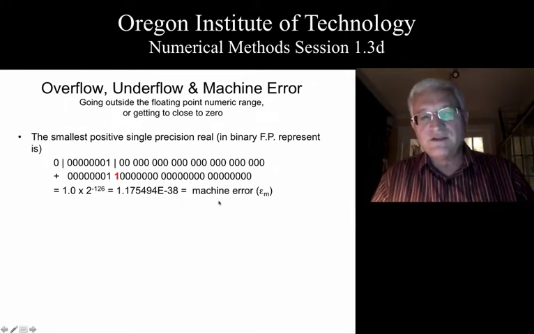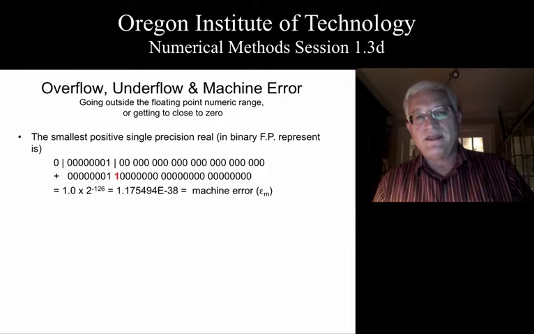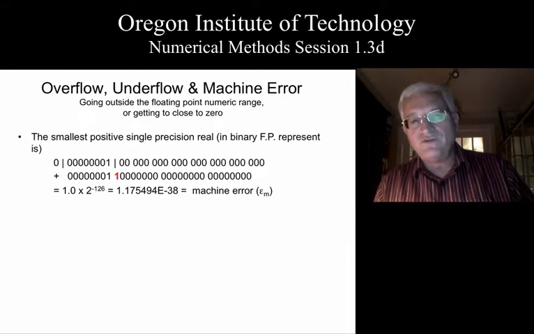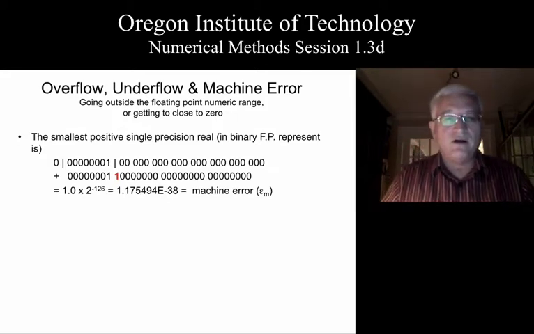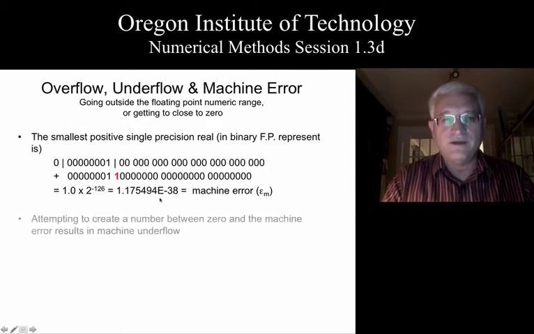That epsilon sub m, machine error, is the point at which if you tried to go any smaller, you would be in a region that your numeric representation just didn't know how to deal with, and you're going to get an error. An error is going to appear in this code here. It's going to be all zeros, saying that you've just underflowed and you don't know what to do with that.